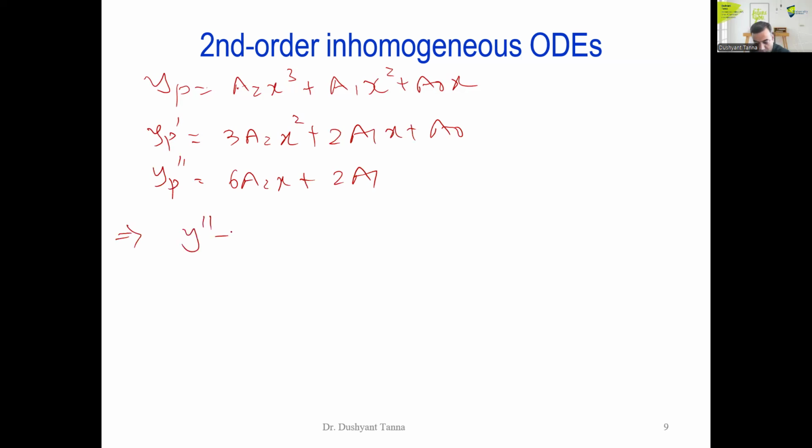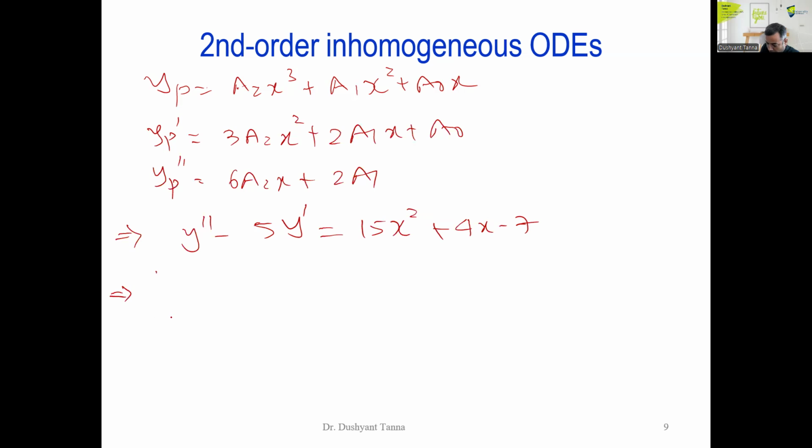Now, the question we have says y double dash minus 5y dash is equal to 15x squared plus 4x minus 7. We'll have to plug the value of y double dash, y dash in this equation. Equate, that means compare the left and right side.